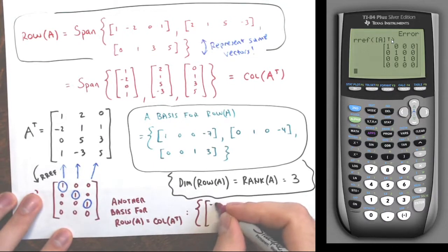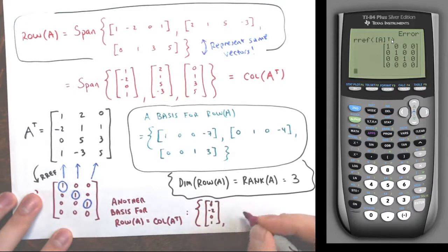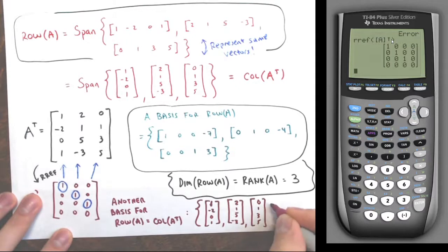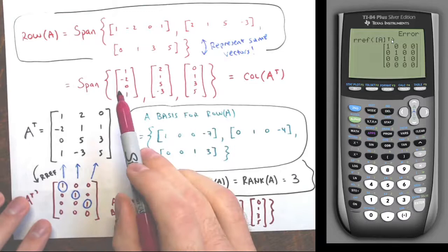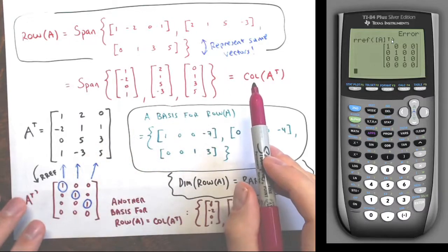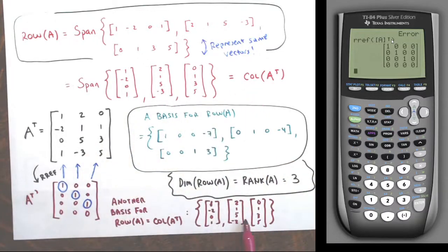Those are 1, -2, 0, 1, that 2, 1, 5, -3, and the 0, 1, 3, 5. So this definitely spans the space clearly. Every vector in the column space is a linear combination of these 3, and we have seen that they're independent by looking at the reduced row echelon form here for A transpose.